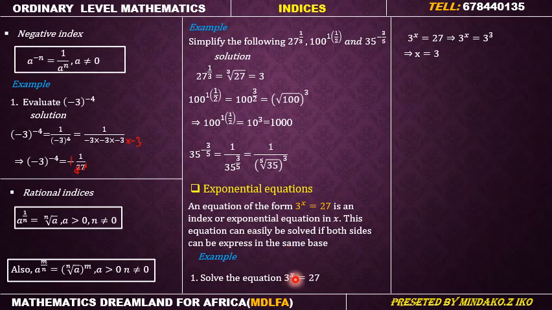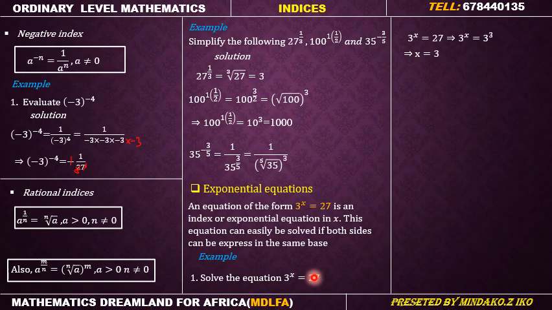That is how you will see equations of this nature, where they ask you to solve. Even if the value here is big, just know that since the question has been given in this nature, and the number here is 3, you have to express the other side in base 3 also.